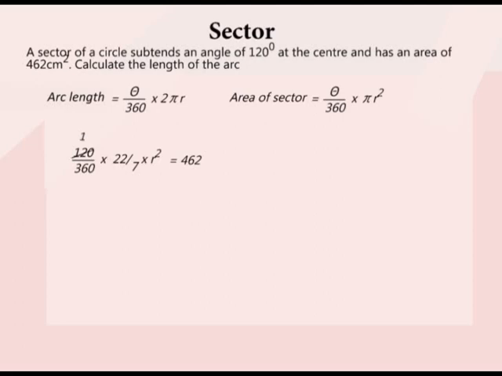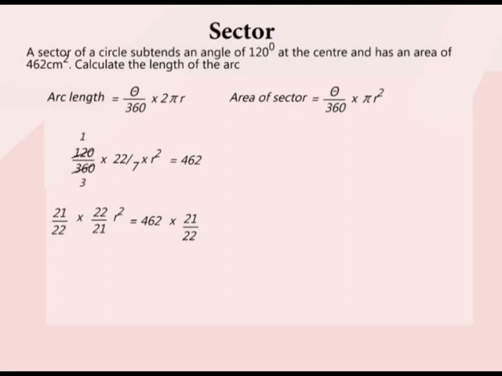120 divided by 360 is 1 over 3. And so we shall have 22 times r squared over 3 times 7. That gives us 22 over 21 r squared is equal to 462. To remain with r squared on one side, we multiply both sides by 21 over 22.